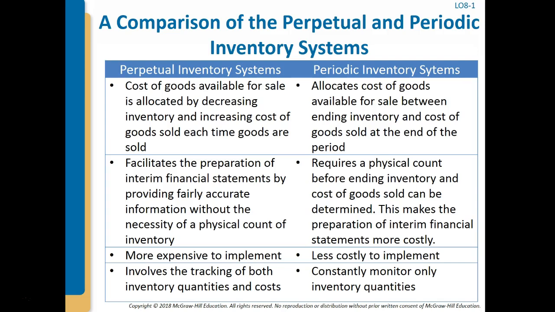However, it's more important to remember that a perpetual system involves the tracking of both inventory quantities and costs. Many companies that determine costs only periodically employ systems to constantly monitor inventory quantities.